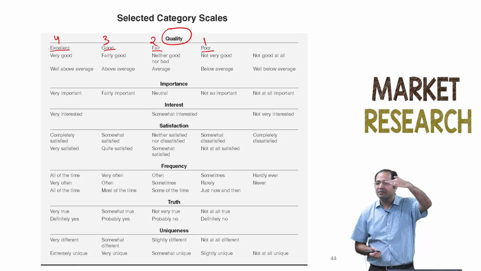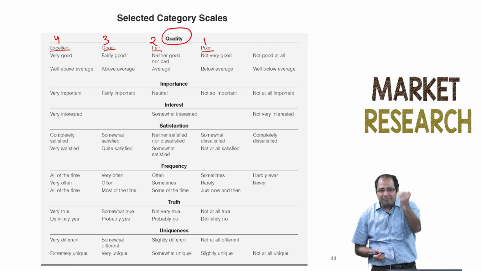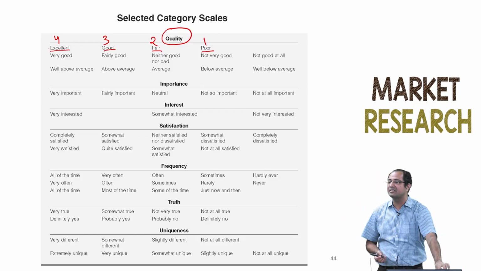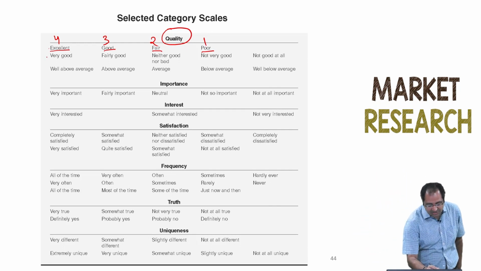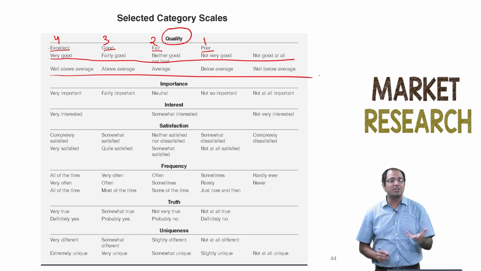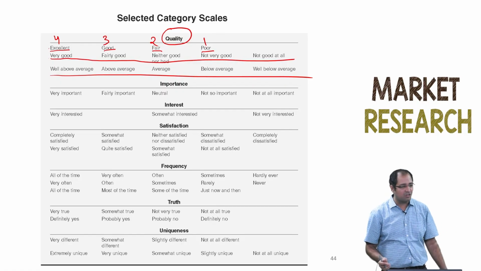Suppose you are measuring the quality of a restaurant, and you have different aspects of that restaurant: food, cleanliness, service. Instead of strongly agree to strongly disagree, you can use these indicators: excellent, good, fair, poor. There are other indicators of quality, like very good, fairly good. When you are measuring quality, you can use such descriptions for the Likert answer options rather than strongly disagree, strongly agree.